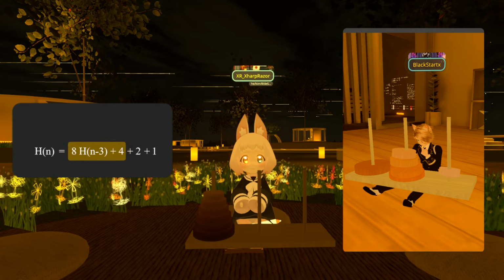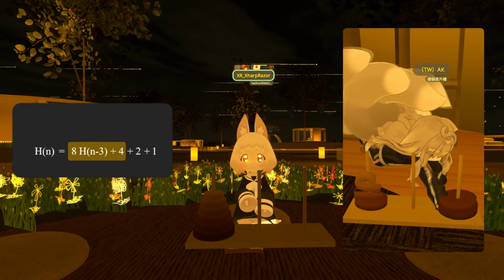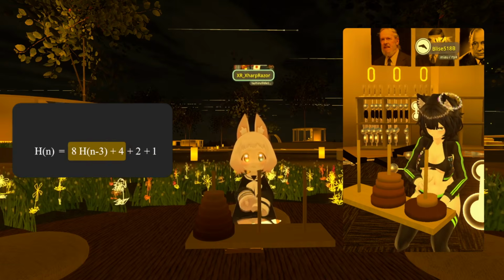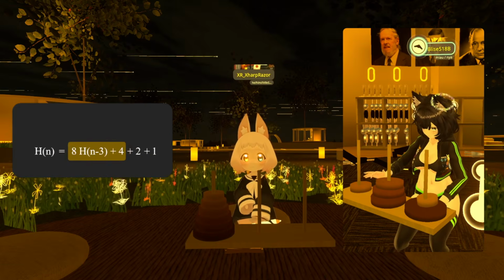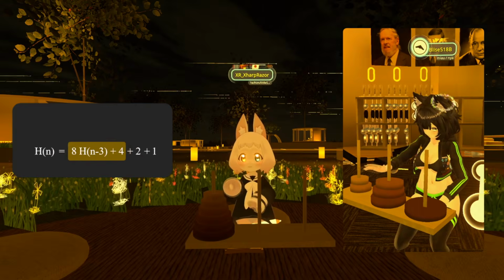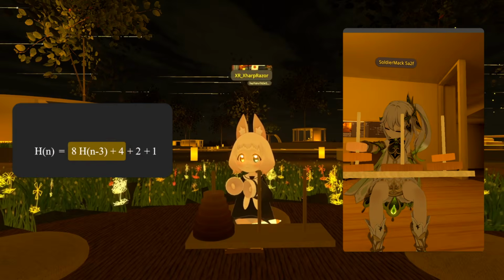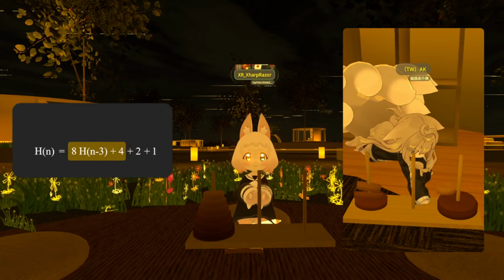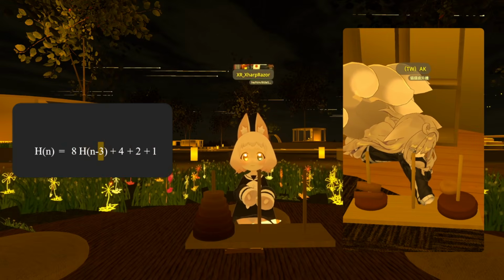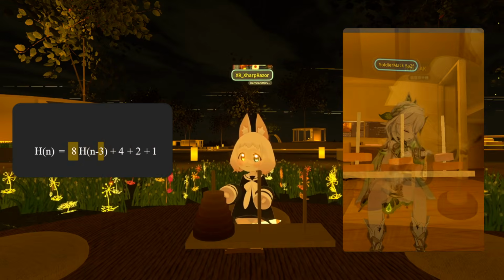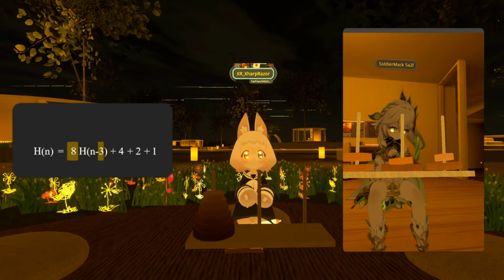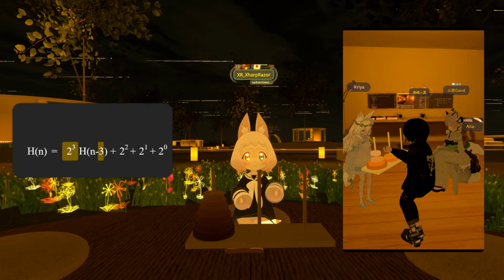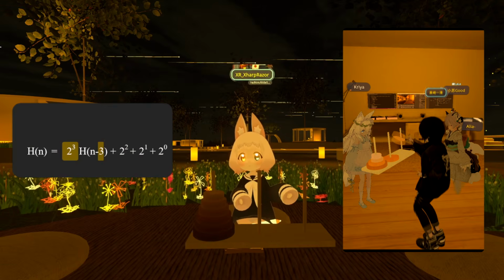And then we can keep on tumbling down, but one thing you might notice is that the number right in front of the Hanoi function is actually 2 to the power of, let's say right now h of n minus 3. You see this 3 over there? Now look at that 8. It's actually 2 to the 3. And then the rest of the pile is 4 plus 2 plus 1.